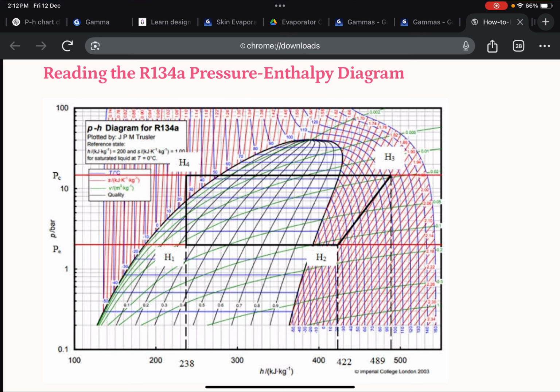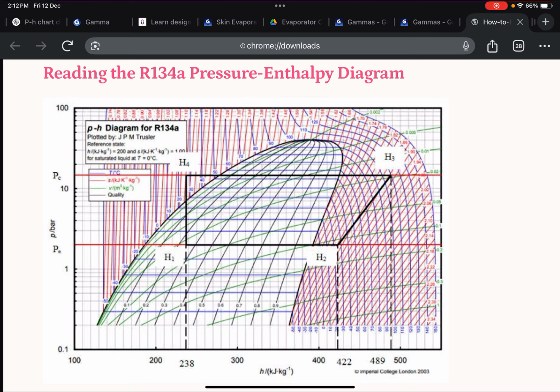Why is this enthalpy increasing? Because you are supplying electricity, supplying energy, to the compressor, as a result of which the energy of the refrigerant increases.